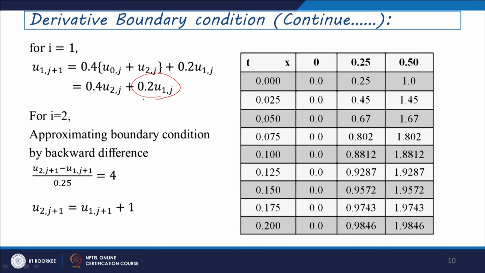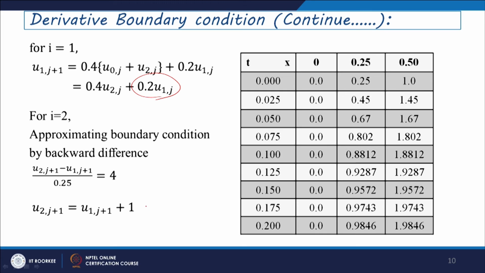And for i equals 2, approximating the boundary condition by backward difference, we write u2, j plus 1 minus u1, j plus 1 divided by 0.25 equals 4. Directly putting in this value, we can obtain u2, j plus 1 as u1, j plus 1 plus 1.